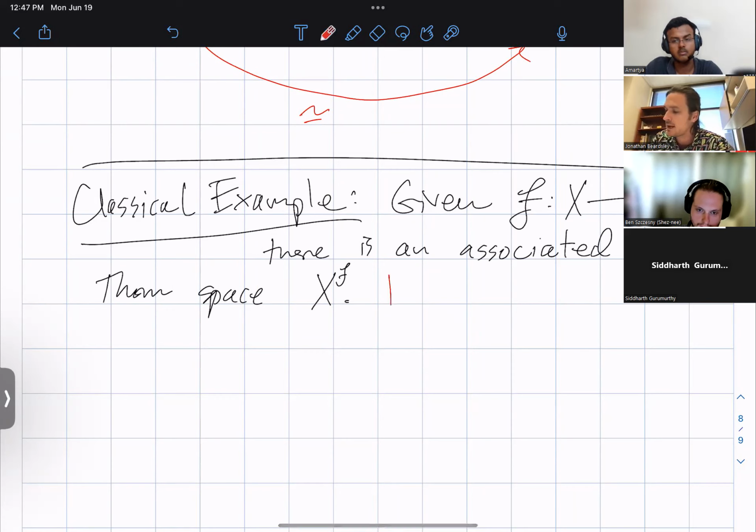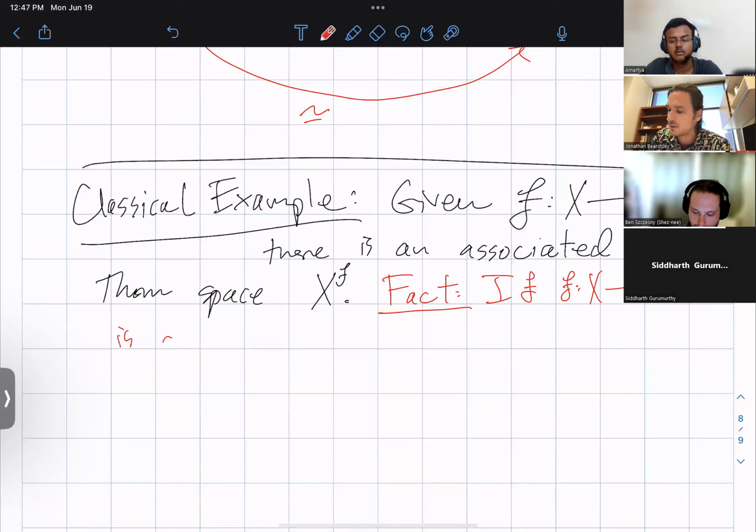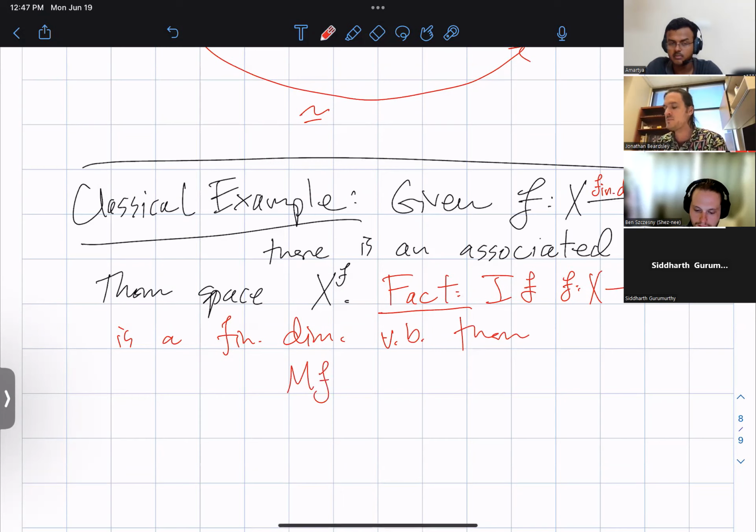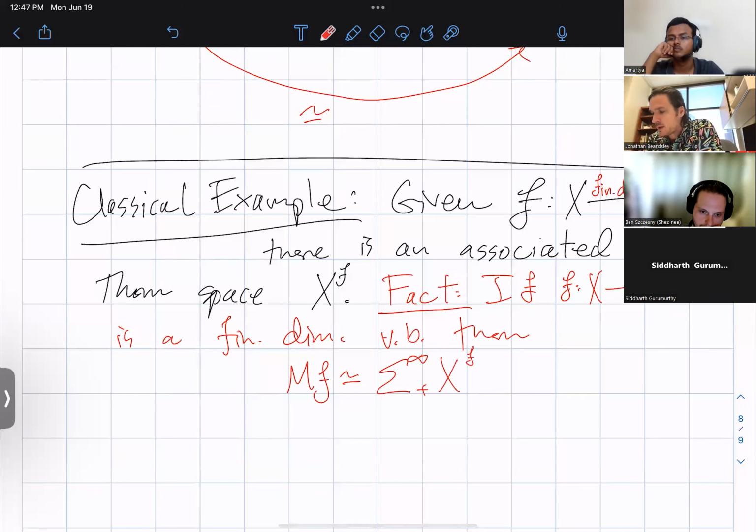And probably I should have said this earlier, but a useful fact here is that if f from X to BO is a finite dimensional vector bundle, and this bundle needs to be finite dimensional for this really to make sense, then this spectrum Mf, coming from mapping BO via the J homomorphism to BGL1 S and then taking the colimit, is exactly the suspension spectrum of this Thom space.